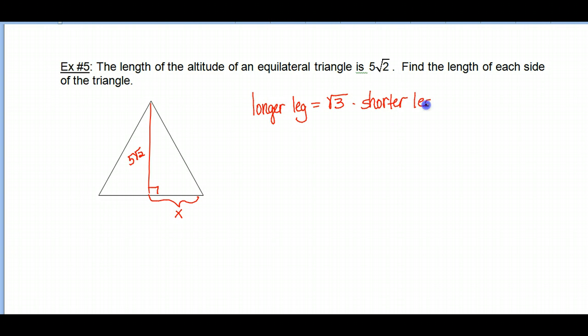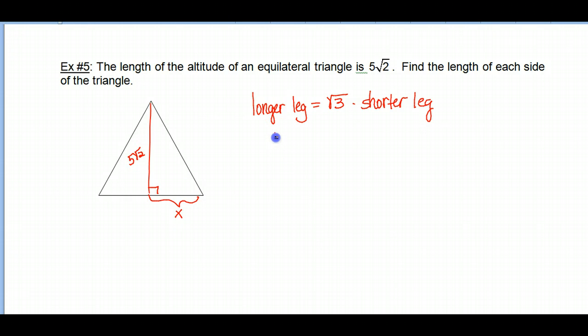The longer leg is equal to the square root of 3 times the shorter leg. If you're not sure what to do, figure out, in the 30-60-90 triangle, what you are given and what you are looking for. I'm given the longer leg, and if I can figure out the shorter leg, then I can figure out the hypotenuse.